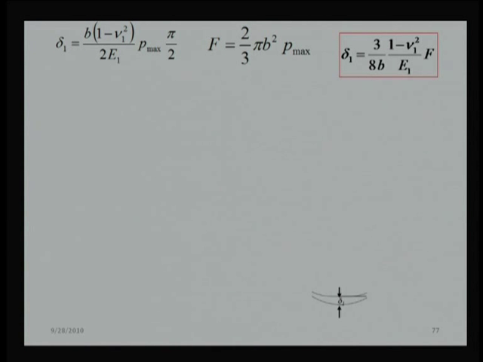There is a possibility the other surface is rigid enough that it does not deflect at all, or if there is a deflection, then we should consider delta 2 also, and this will change to 1 minus nu square divided by E 1. All other things will remain the same because the contact patch will remain the same. B will remain the same for both materials. It is not that one material will have one B1 and another material a different B. They come into contact and make a pair, so they will have the same value of B.